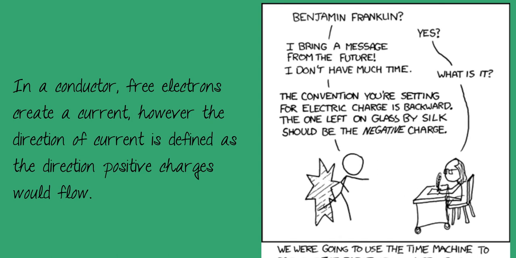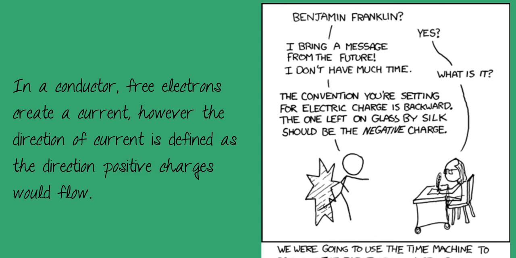Basically, when he was first setting the convention for the direction of current, they had no idea about what electrons or protons were. We had no concept of knowing that electrons were the things that were able to move around and protons were stuck in the nucleus. Therefore, it was all Ben Franklin taking a guess as to what he considered to be positive charge and negative charge.